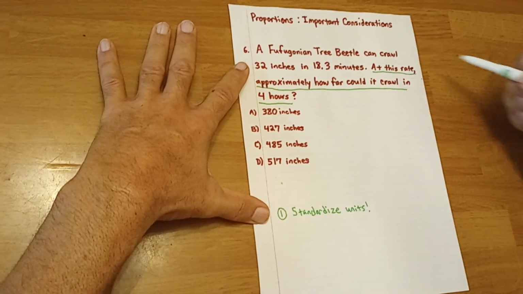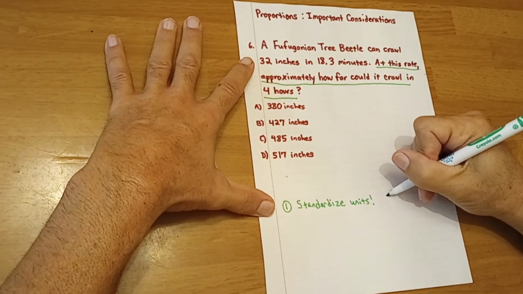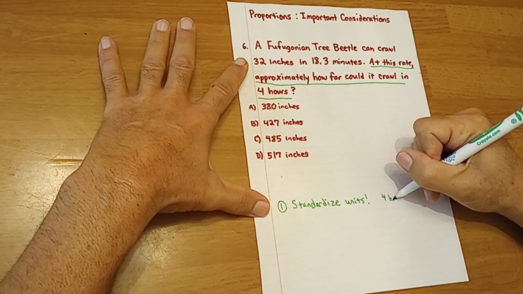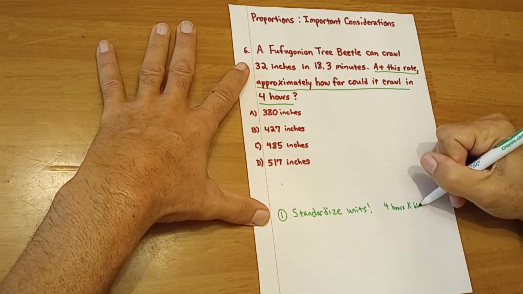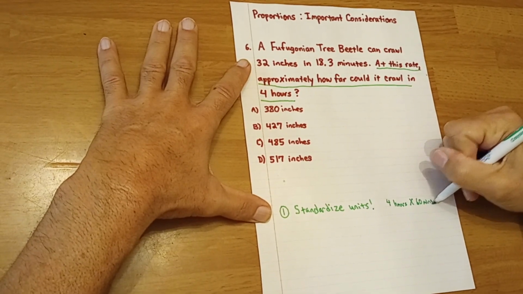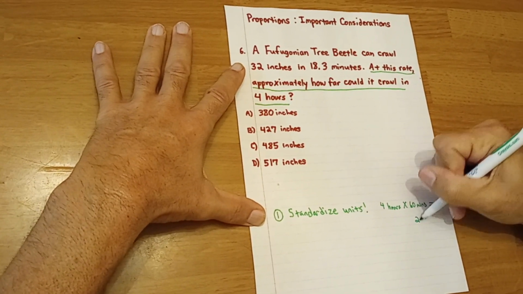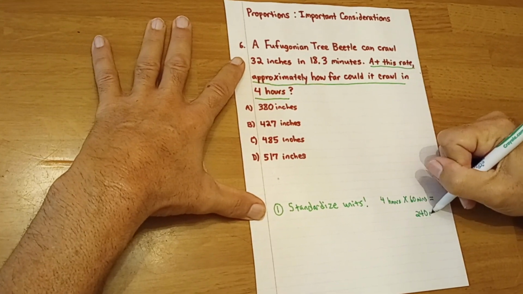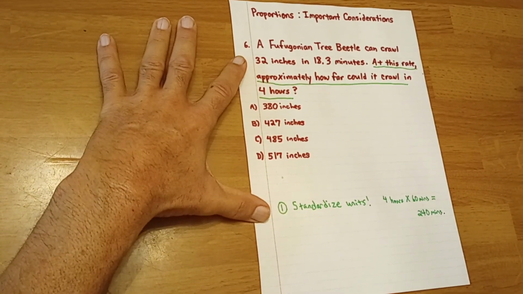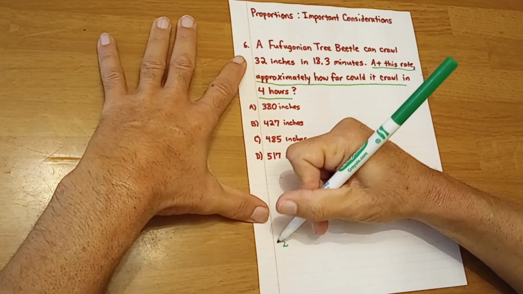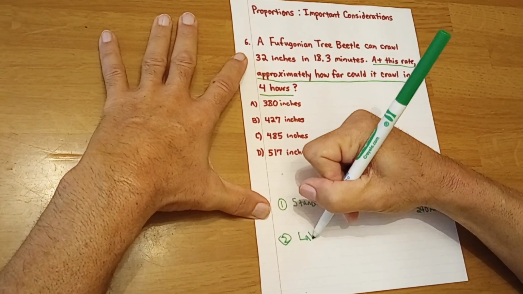So let's convert 4 hours times 60 minutes, and that's going to equal 240 minutes.